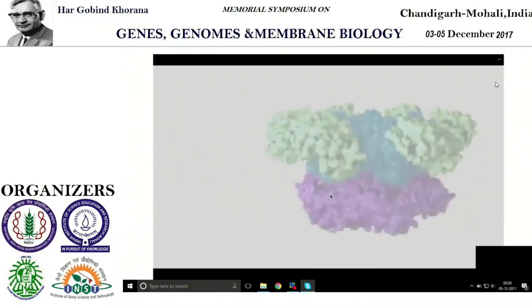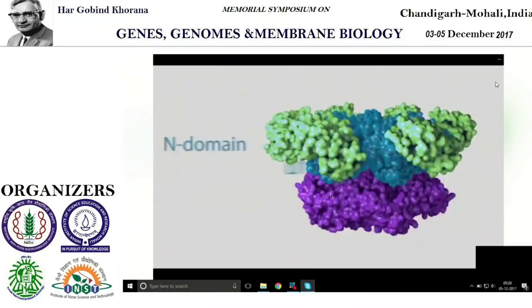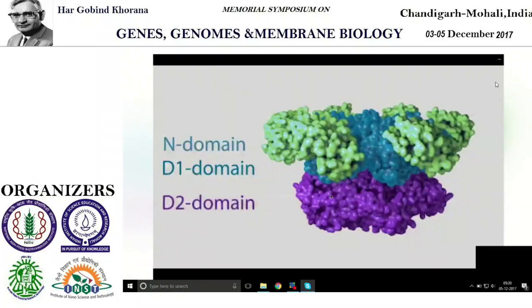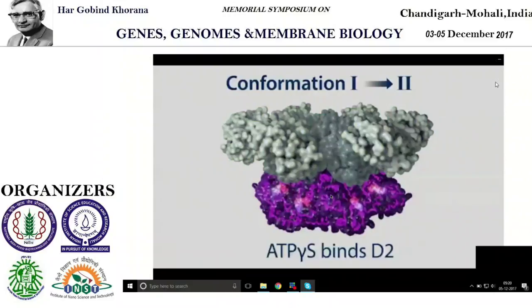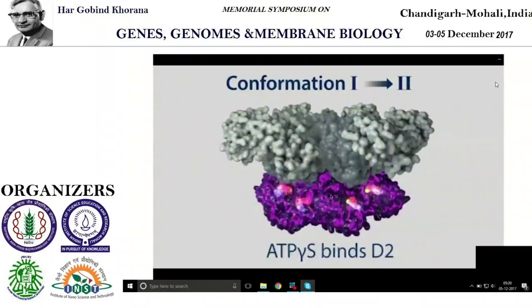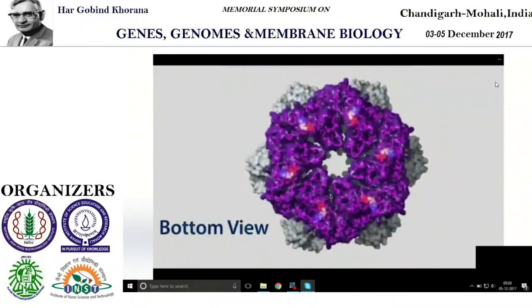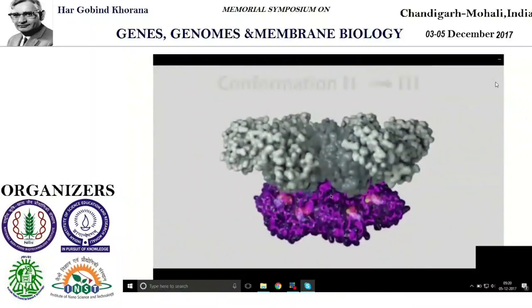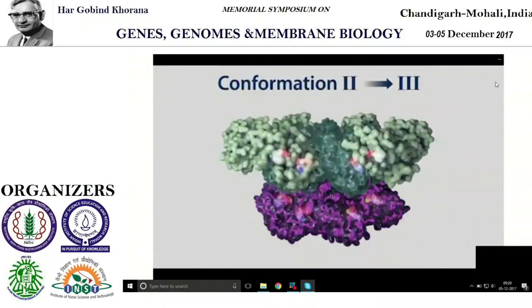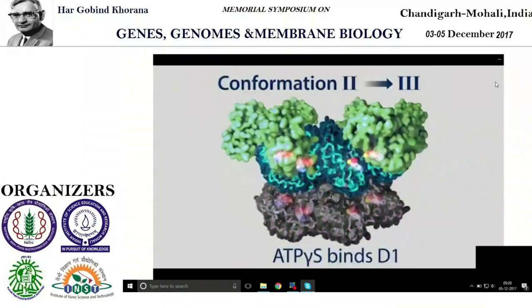Now, the reason why it's difficult to see all of this with crystallography is that these three conformations are present simultaneously in solution. And we showed that it is possible to computationally separate the three conformations and solve each of them at atomic resolution. So now we have these three structures, each done at atomic resolution.